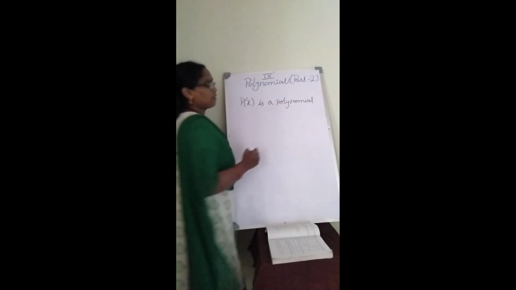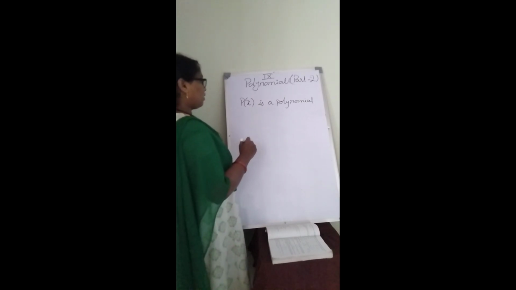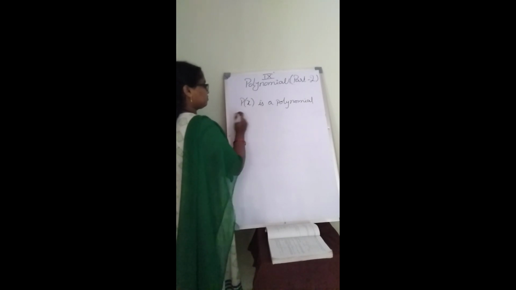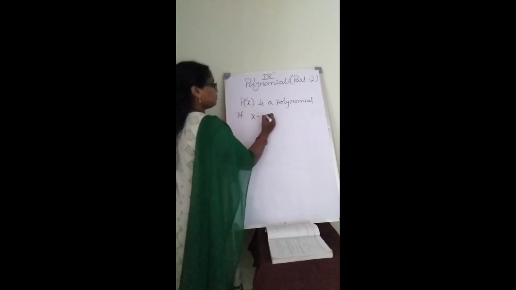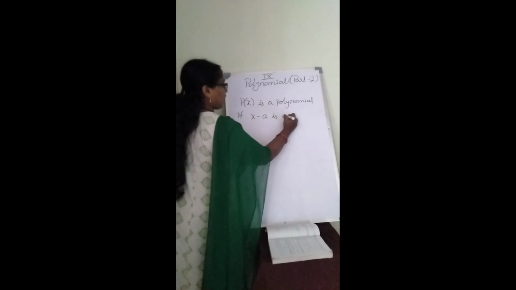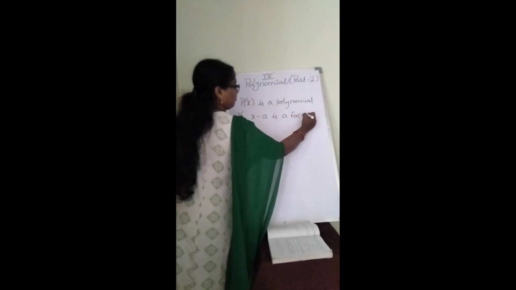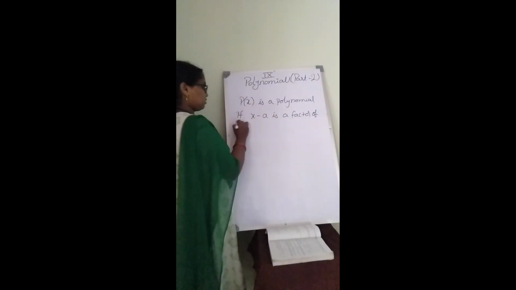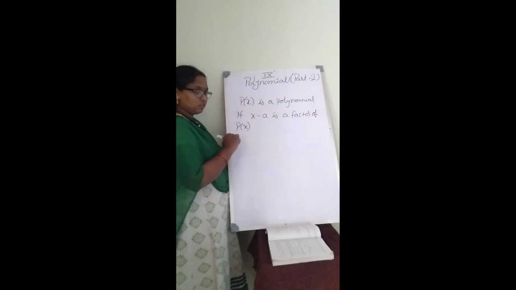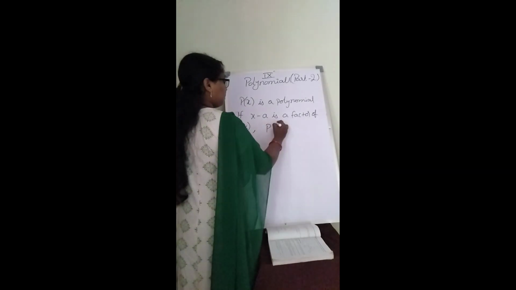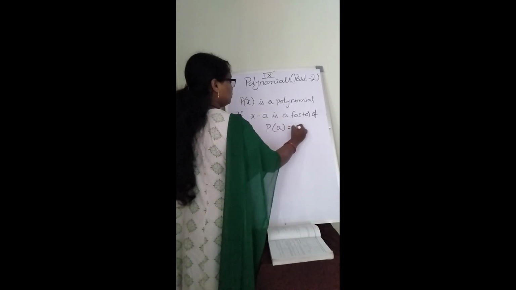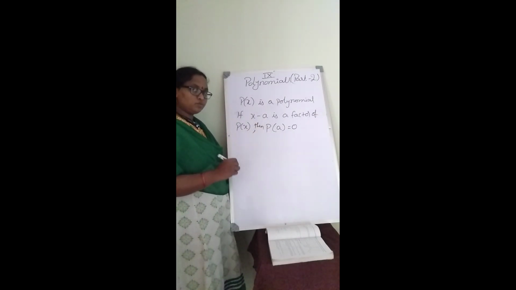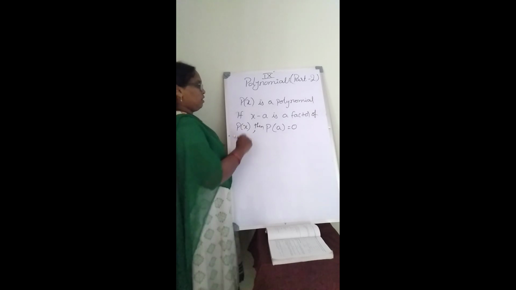If x minus a is a factor of p of x, then P of a equals 0.